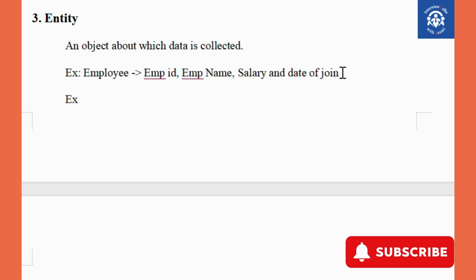So let me take one more example, like student. Student is an entity. So what would be the attributes for the student? For students we will have student name, student ID, roll number, and marks.